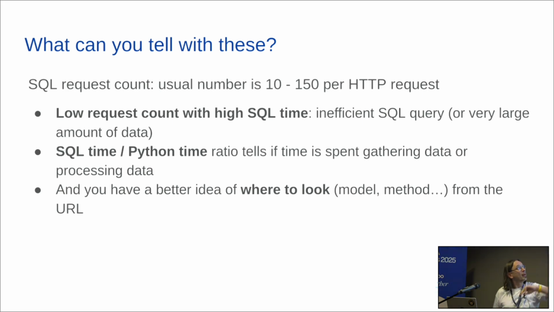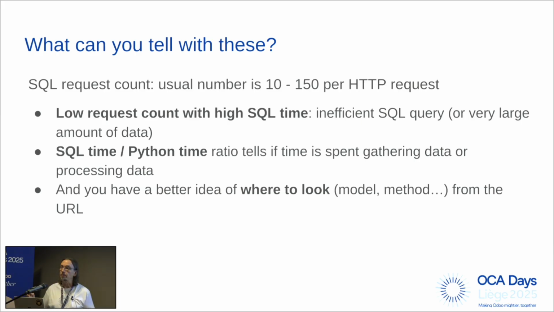If you have a low request count and a high time spent in SQL, it means that you probably have inefficient SQL queries or very complex SQL queries, or you are shoveling lots and lots of data in there.